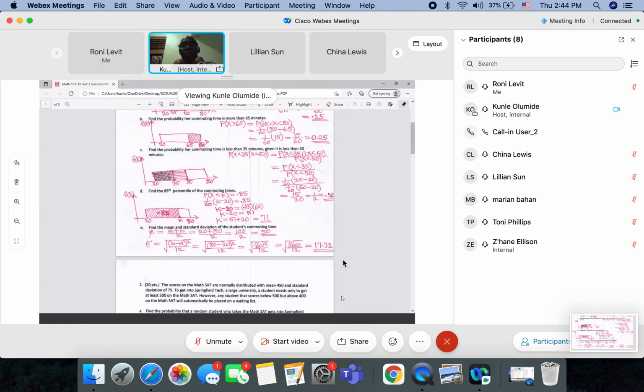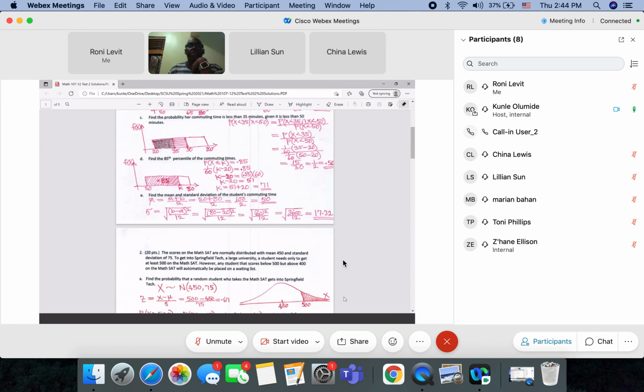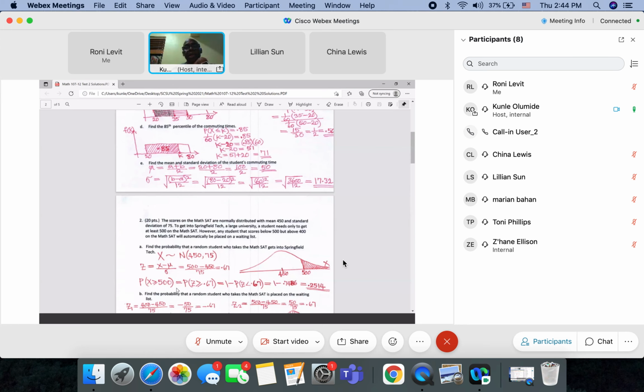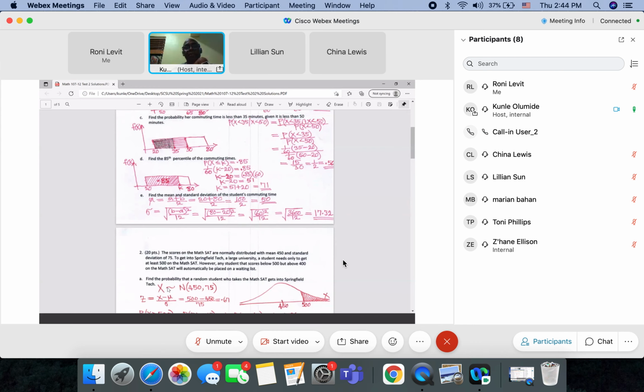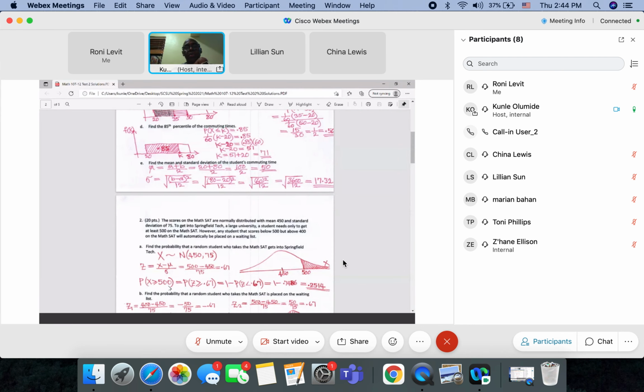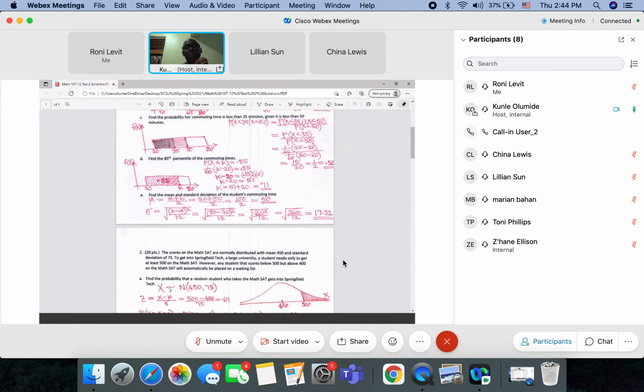So that means you need to find the probability of x greater than or equal to 500. See how I write x is normal, 450, which is the mean, 75 is the standard deviation. And I want to find the probability that x is greater than or equal to 500.